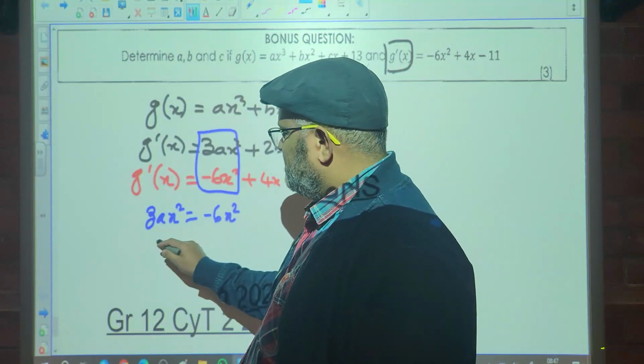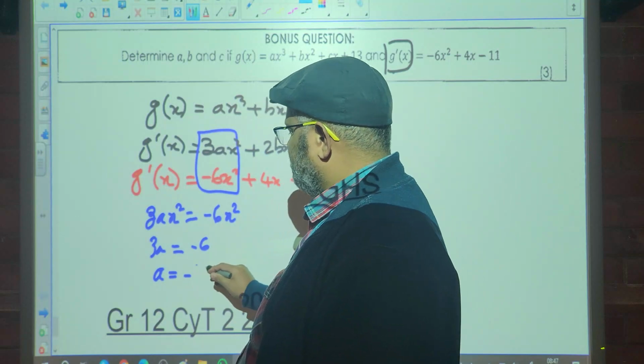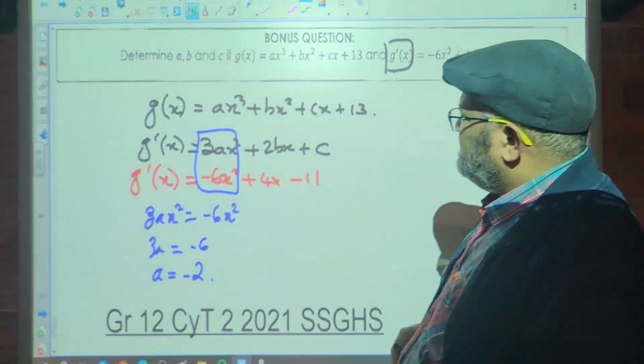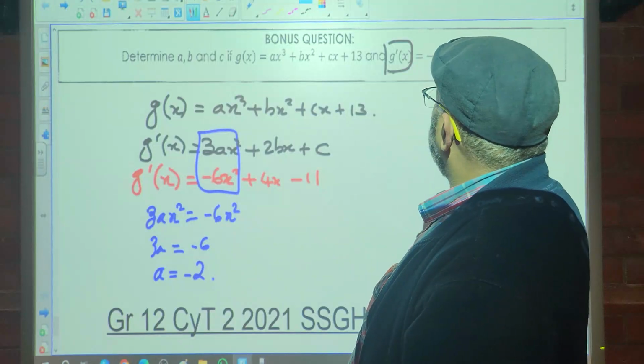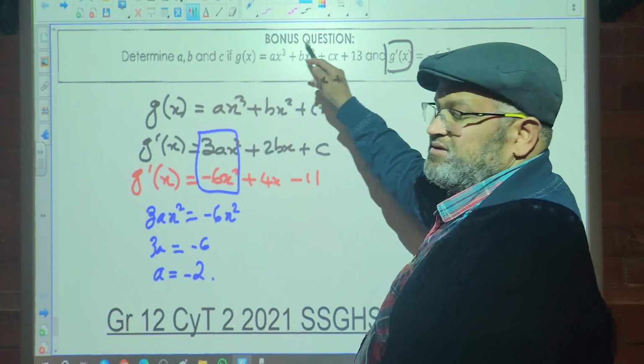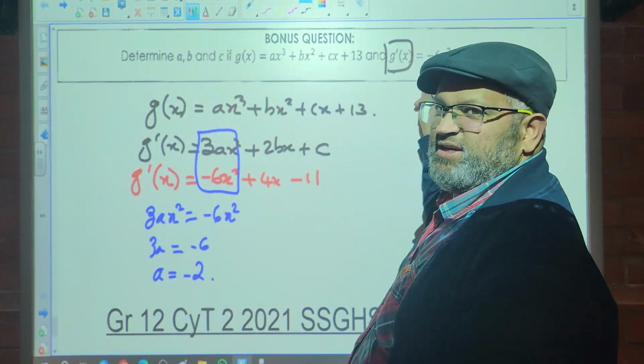So 3a is equal to negative 6, so a is going to be negative 2. Or we could have done it by inspection and say, I can see that's going to be negative 2, because 3 times negative 2 is going to give you negative 6.